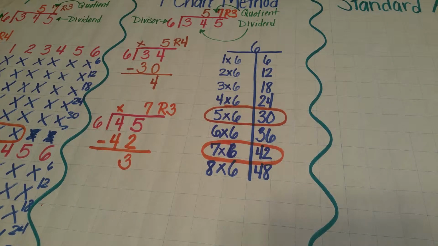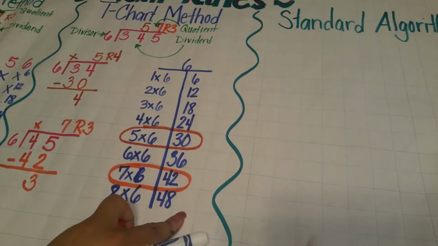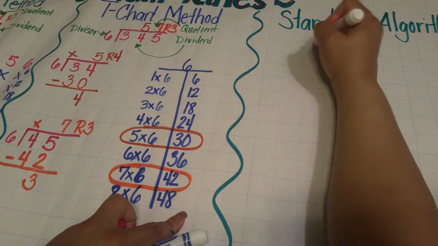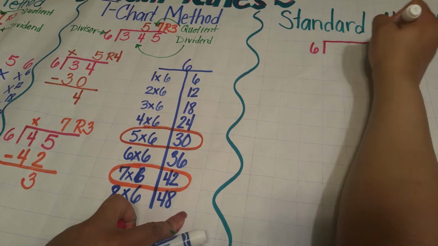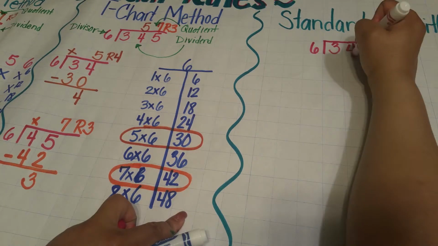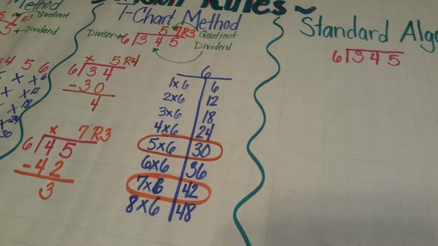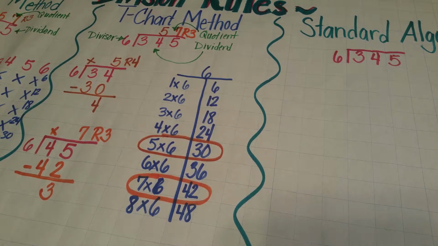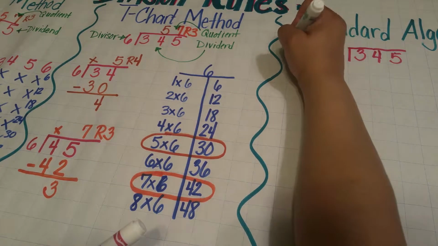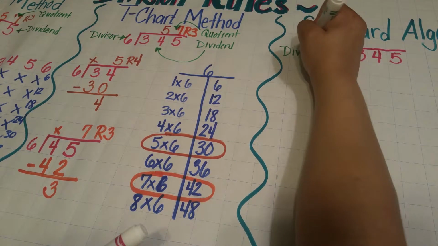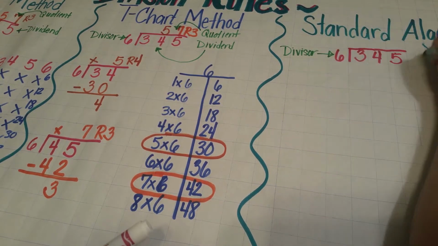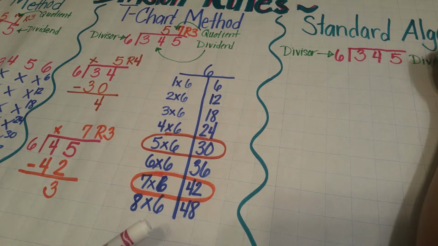And then our last method is the standard algorithm method. You're just going to set up your problem. 6, and the dividend is 345. Remember that 6 is your divisor. 345 is our dividend.